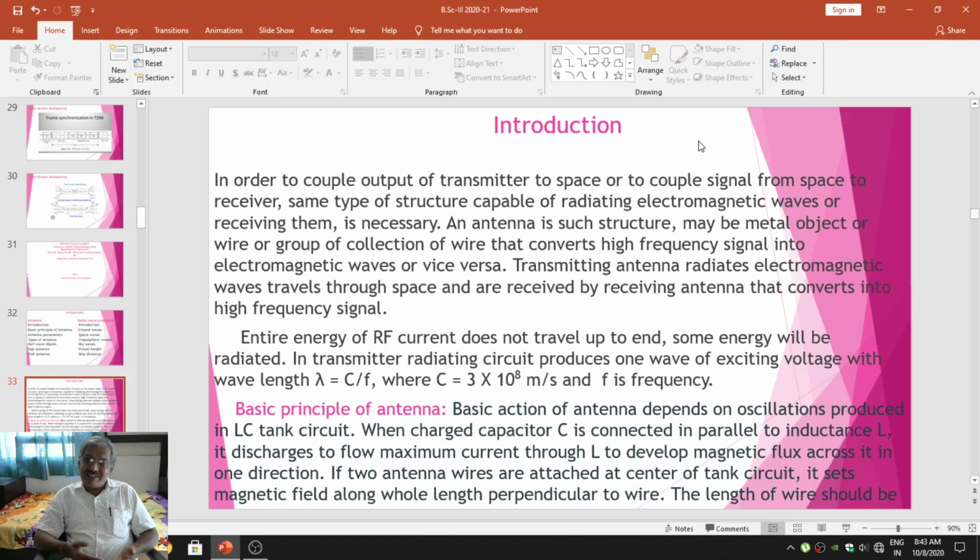To transmit the signal and also to receive the signal, the same type of structure we are going to use, and that structure which we are using is known as an antenna.